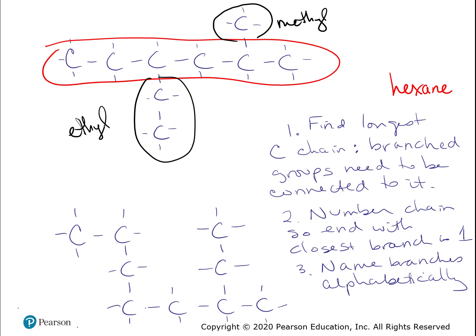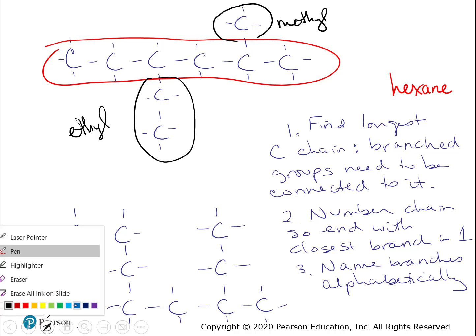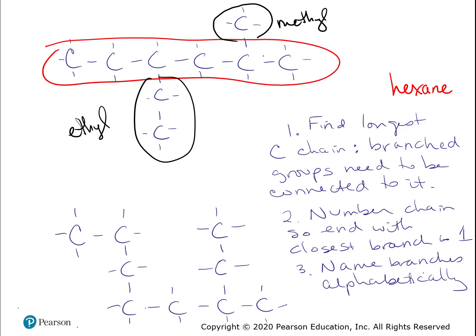So now I need a number. So check from each side, which side do I want to start numbering? From the right. So does everybody see? If I go from the right, the methyl is a 2. If I go from the left, the ethyl is a 3. So I would want to start numbering 1, 2, 3, 4, 5, 6. That's all I'm doing is just numbering the longest chain. So that means my methyl is now a 2-methyl and my ethyl is a 4.